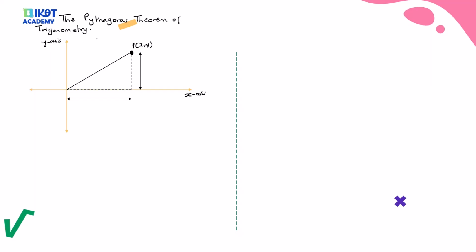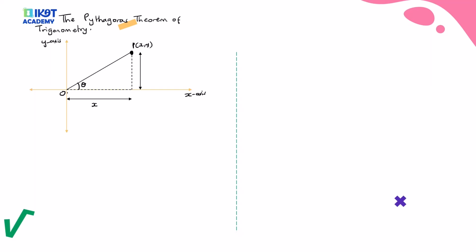Now, from the origin you draw a line to this point Pxy, and you realize that the point is subtending an angle, which we'll just call theta.